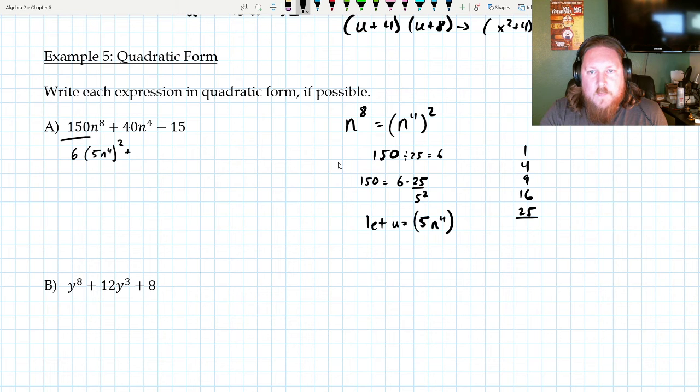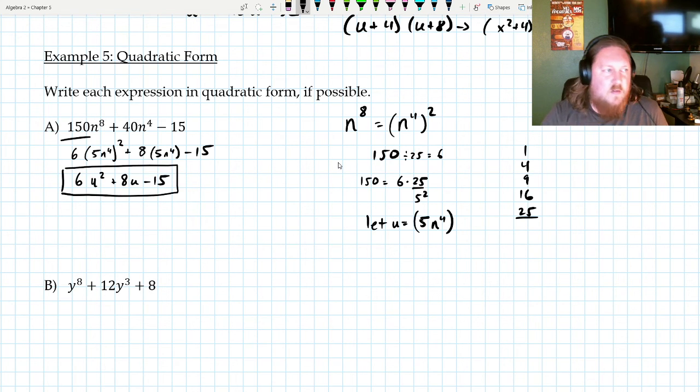Now if 5n to the fourth is what I'm substituting in, let's factor a 5 out of the 40 and we get 8 times 5n to the fourth. Ooh, now it matches. So I'm going to let u equal that. So it's 6u squared plus 8u minus 15. And that is my quadratic form. And we're not going to try to factor this. We're just putting it in quadratic form if it's possible.